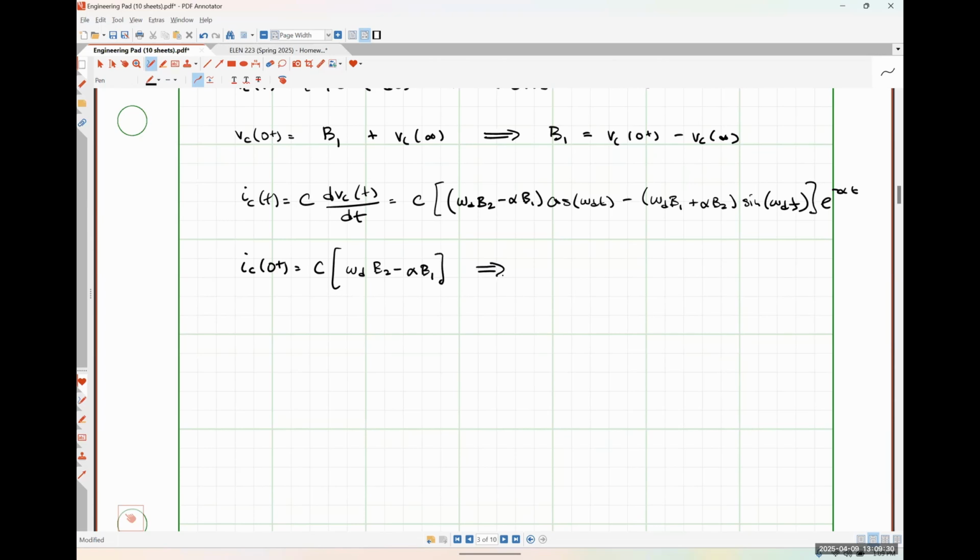Rearranging a little bit, I believe I will have B2 is equal to IC at 0 plus, C times alpha B1, divided by C times omega d.